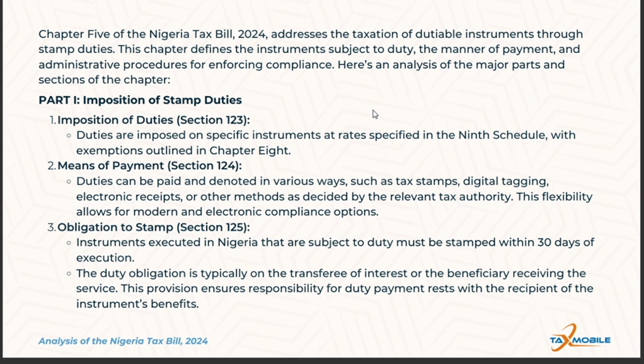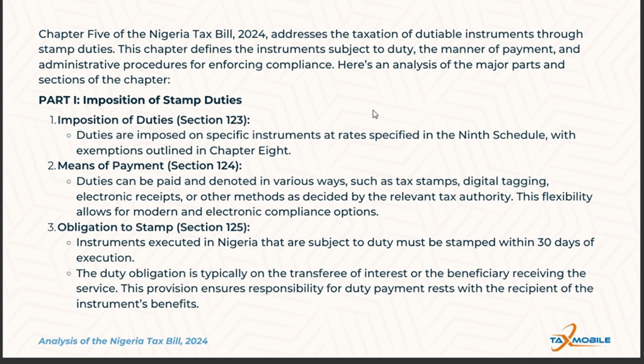So we'll be looking at Part 1, imposition of stamp duties, which is under section 123. Now the scope: stamp duties are imposed on a range of specific instruments as outlined in the 9th Schedule.